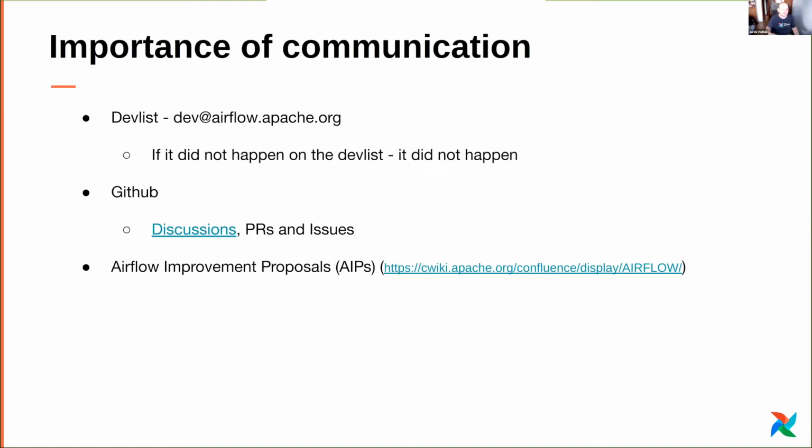Those Airflow Improvement Proposals are very detailed descriptions of the things you plan to implement, especially when they are really huge, and that's something you eventually have to do if you want to make a change in the community. Then there is Slack, where we discuss things quickly, ask quick questions, and all the discussions there are also public.